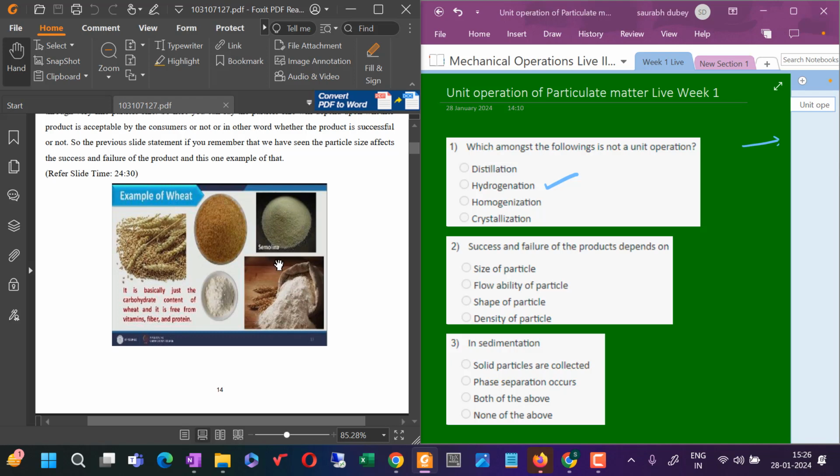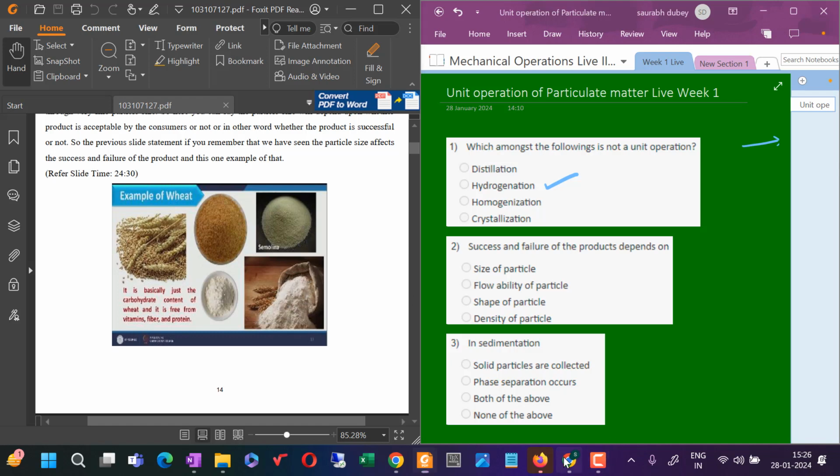You'll see semolina, which is sometimes called suji, the bigger coarse-sized wheat, and this is the flour, that is atta, and then at the end you have the fine flour, that is maida. Here basically most of the carbohydrate is there, but in the other case protein, fats, fibers, and vitamins were also there.